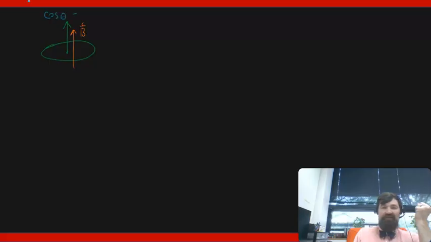when you have a constant rate of rotation, basically what ends up happening is, let's say this right here is my loop, and this right here initially is the direction in which it's pointing. And let's say, for the sake of argument, that our B field also happens to be in this direction everywhere. So here I'd be able to say something like cosine of theta is 1, theta is 0.